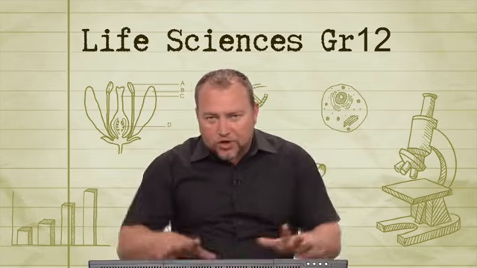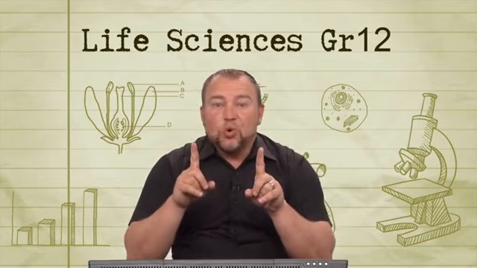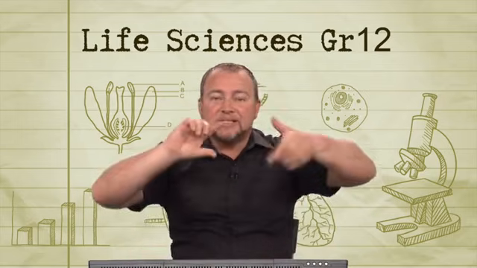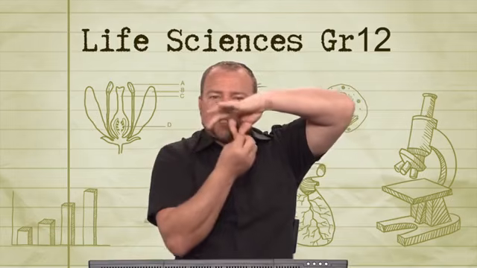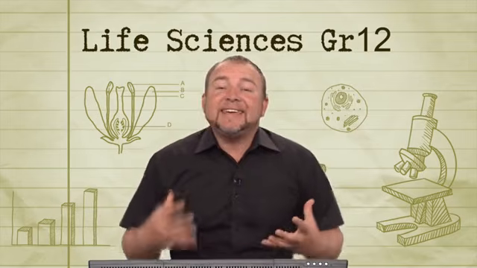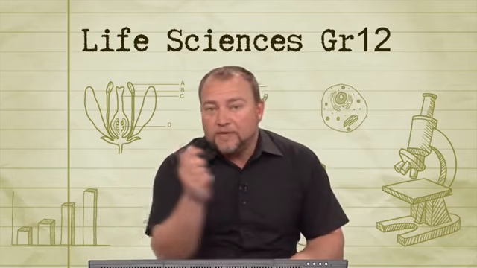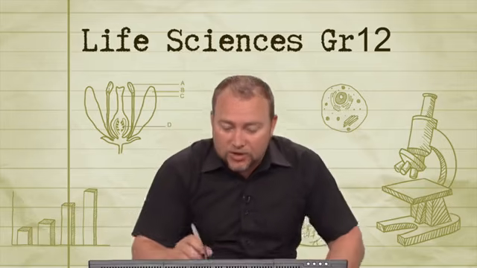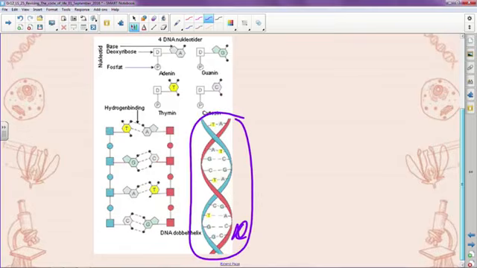First of all, it's double, which means you'll hear it called a double, and then it's a twisted helix. A helix means that you've taken something and you've twisted it into a funny shape. So this is called a double helix because it's two of them that are turning around.